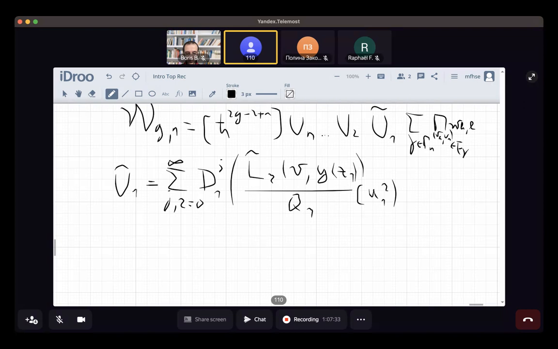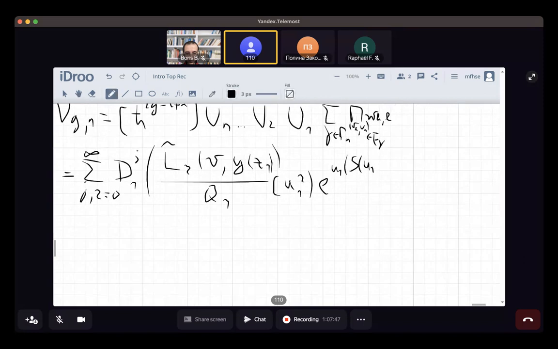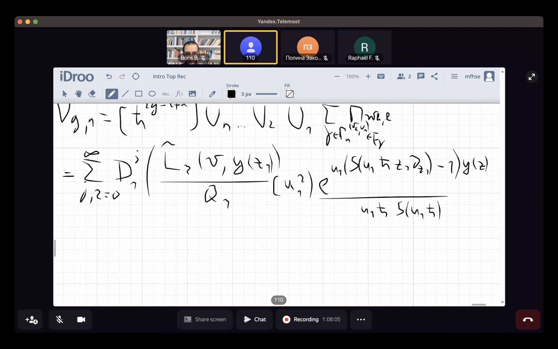It's different. So x of U1 times s of U1, s of U1 h bar Z1, Z1 minus 1 applied to minus n, divided by U1 h s U1 h bar.